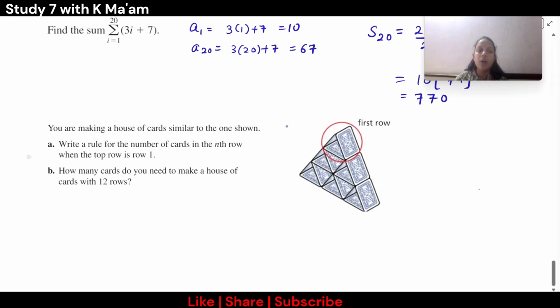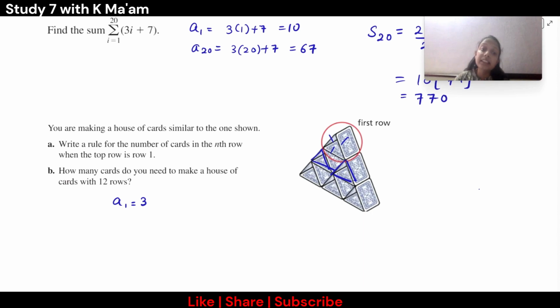How is it adding? Let's see. In the first row, how many cards are there? 3 cards are used. So for the first row, 3 cards are used. A1 is 3. How many cards in the second? 1, 2, 3, 4, 5, 6.